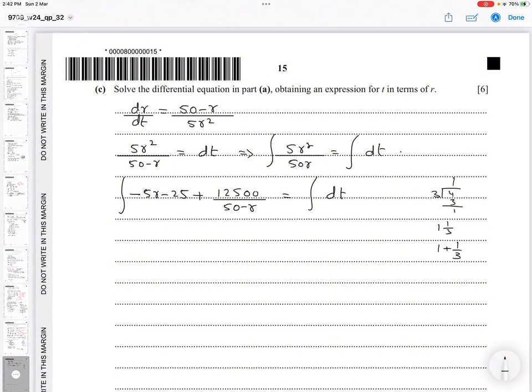Now integrate it. So minus 5r square over 2 minus 250r minus 12,500 ln modulus of 50 minus r is equal to integration of dt, which is t plus c.